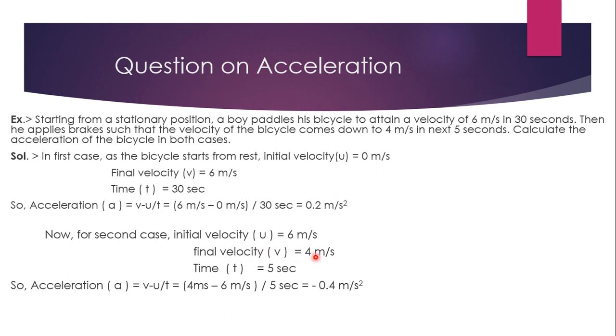So the final velocity is 4 meter per second. The time it took to change the velocity from 6 to 4 is 5 seconds. So in this case, acceleration is v minus u by t. This way we can find minus 0.4 meter per second square is the acceleration, which is actually a retardation.